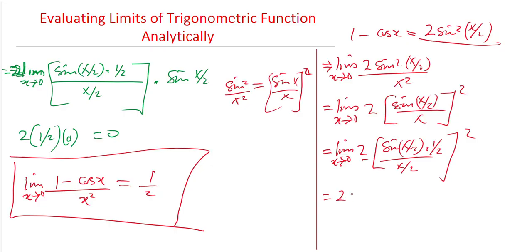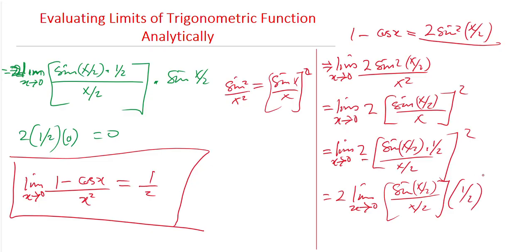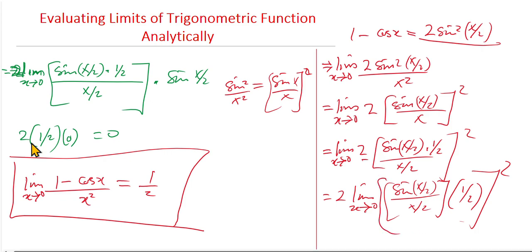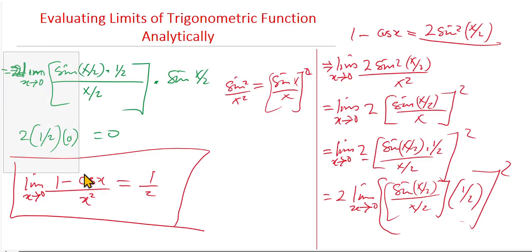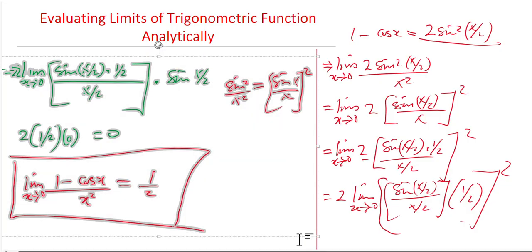Okay, we can separate the constant now. So we are going to have 2 multiply the limit as x approaches 0 of what we have left now, sine x over 2 all over x over 2, and we know that this is 1. The limit of this is 1. Multiply 1 over 2, everything squared, right? Okay, so let's rewrite this.